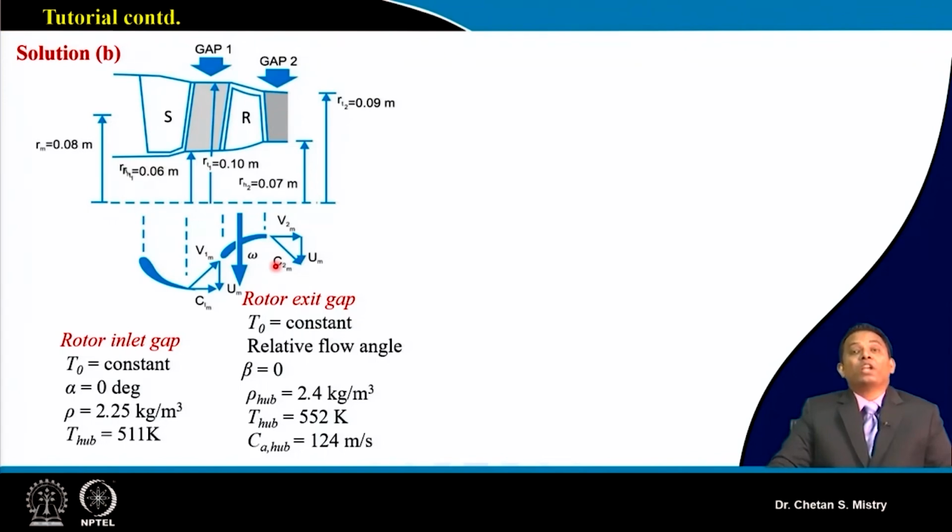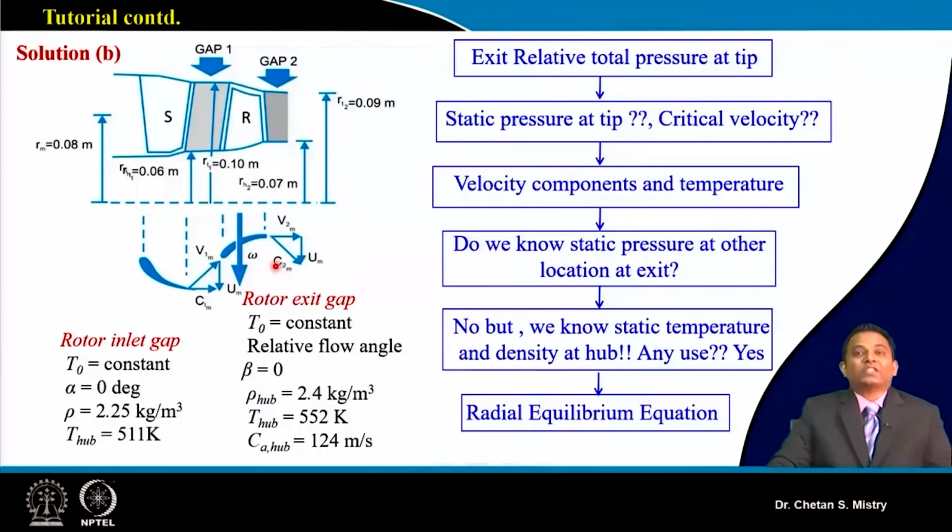That means we need to calculate the various velocity components at the exit. So let's see what strategies we will use. It says my exit total pressure at the tip can be calculated if we have the information about the static pressure at the tip. Do we know our critical velocity? These two things are not known to me.